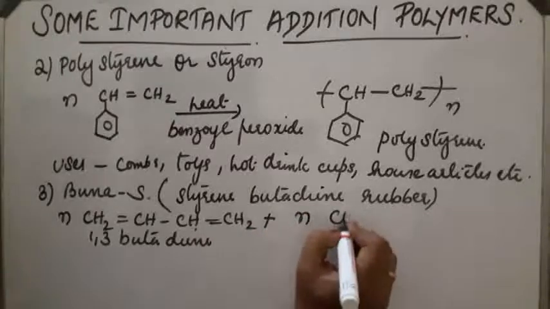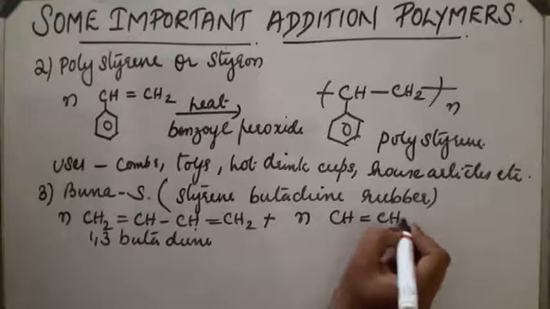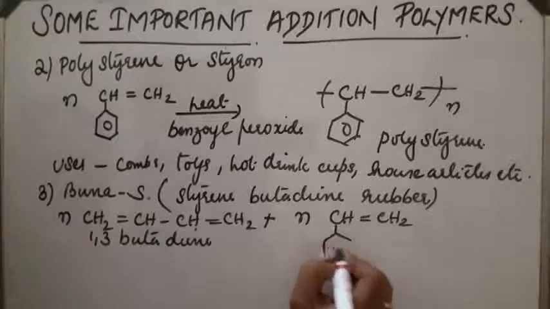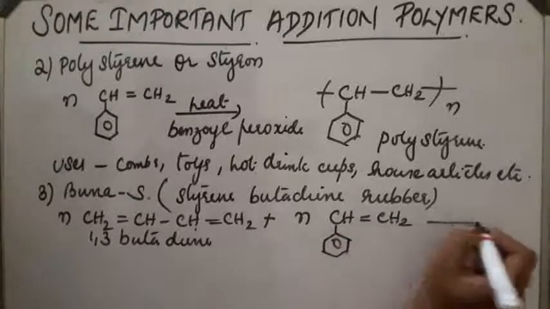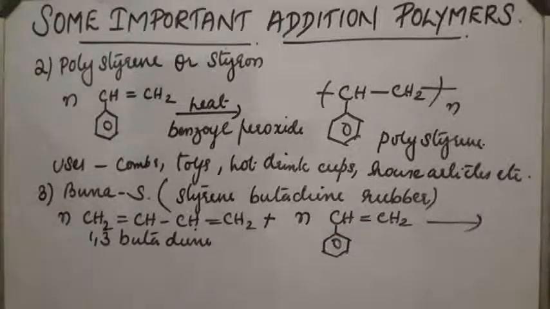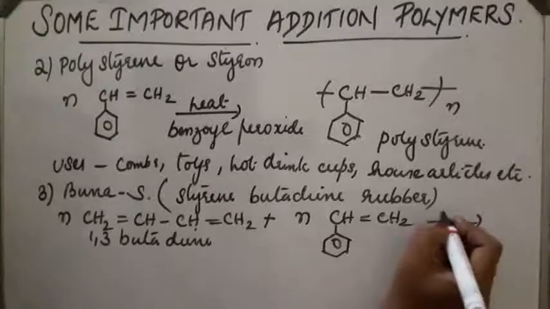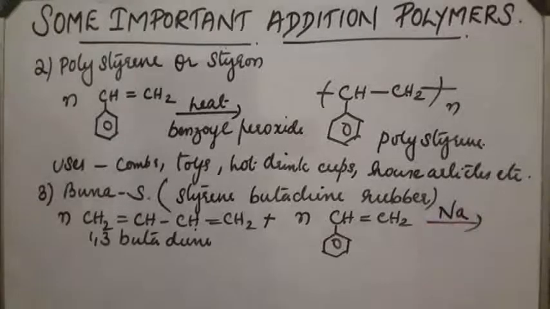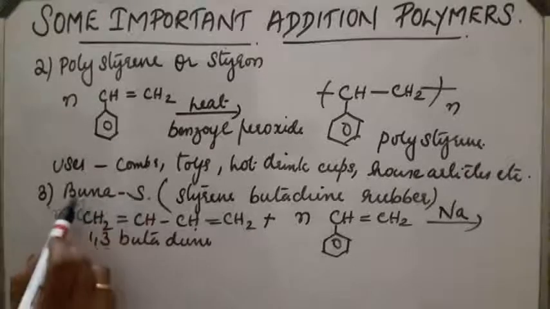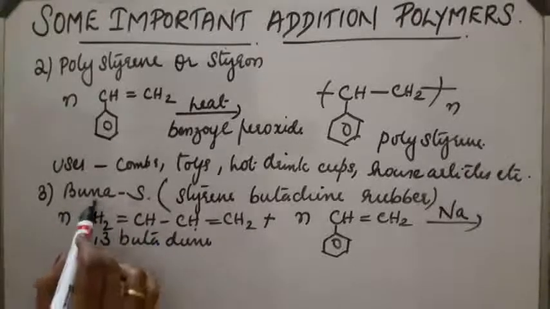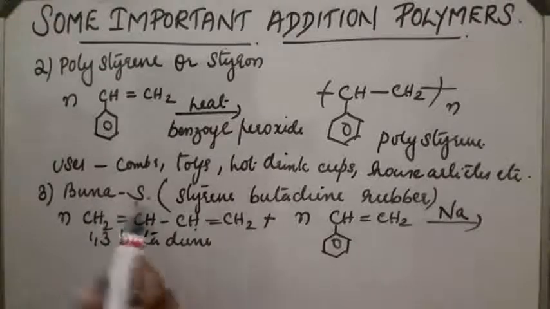On reaction with styrene, it copolymerizes, and here we are using metallic sodium as catalyst. So it got its name Buna-S. Bu means butadiene, Na means sodium, S means styrene.